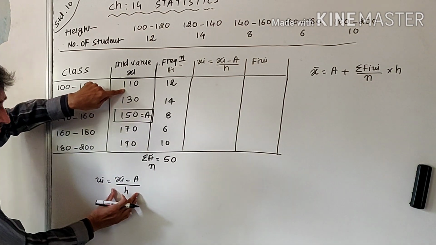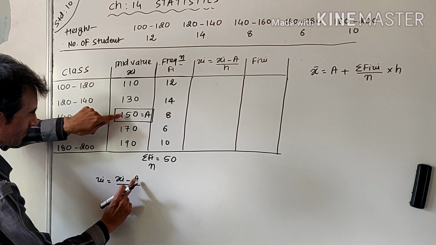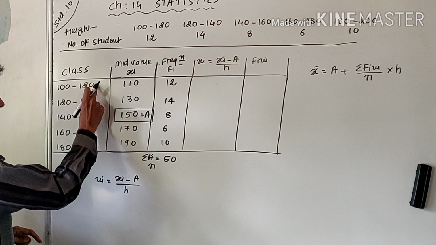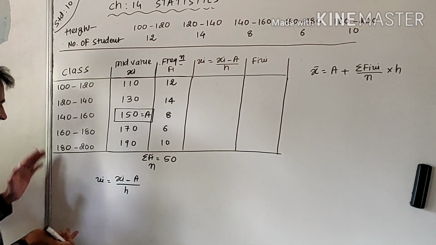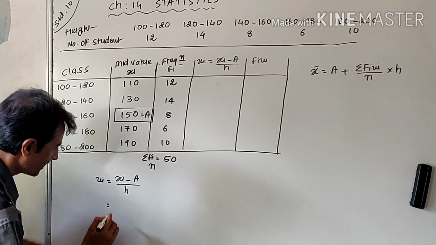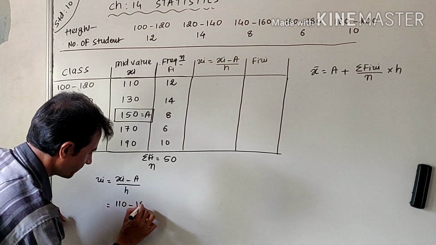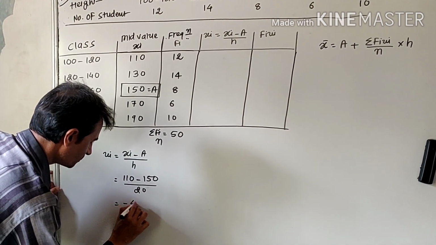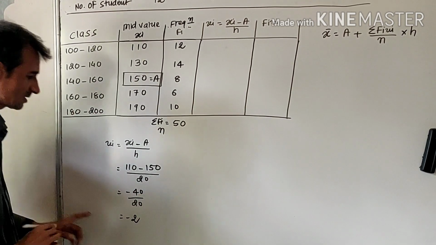I want to put the value here, 110, xi minus a means 150, and divided by h, the class length: 140 minus 120 is 20, 180 minus 160 again 20. That means this is my h. Here xi 110, a is 150, divided by 20. Simplification gives me minus 40 divided by 20 is equal to minus 2.